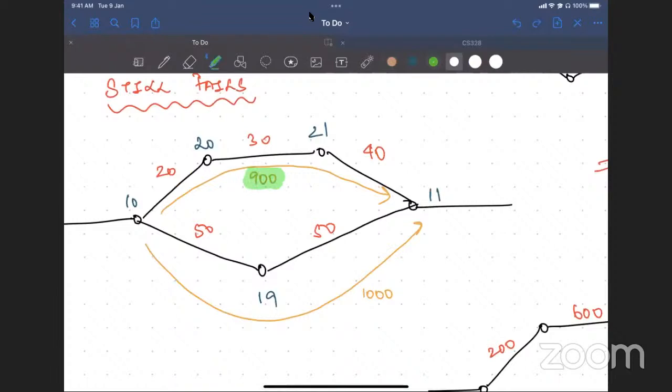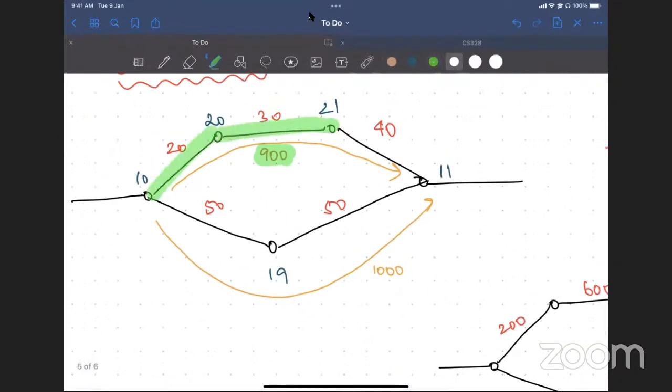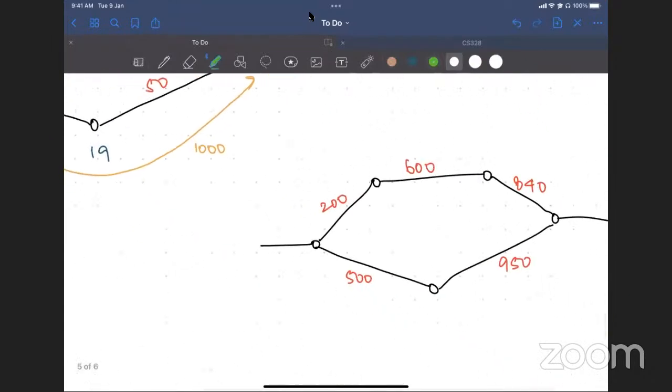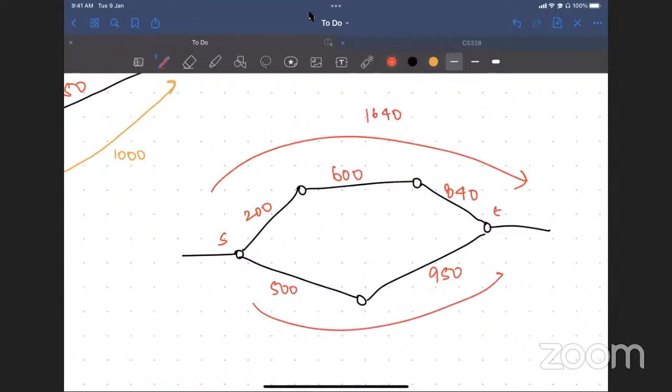Can everyone see that? Why this is 900? Yeah. Okay. And for 900, I'm following this path, right? And here, if I run probably Dijkstra from S to T, I'll get a cost of 1640 here, and here I get a cost of 1450, right?